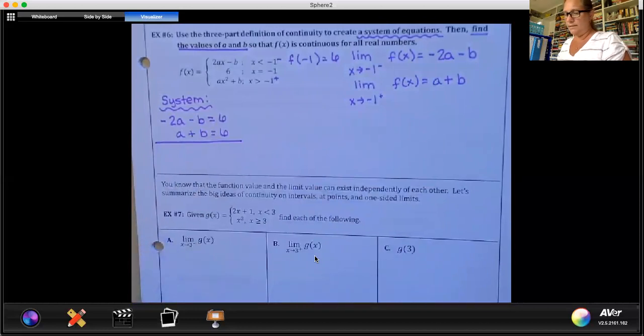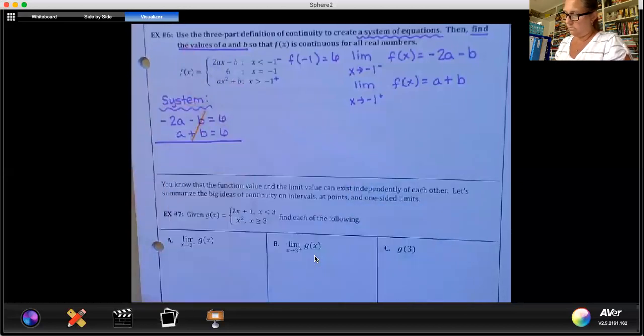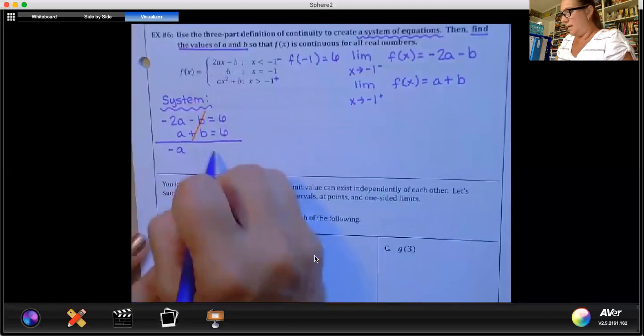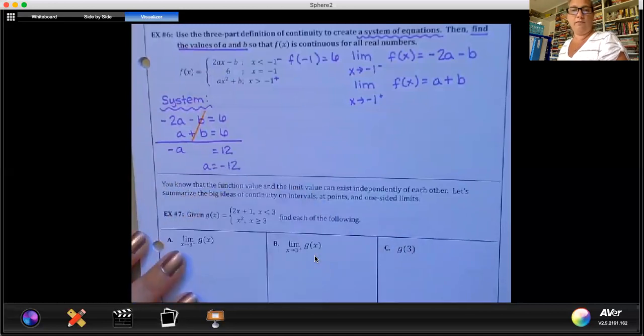Notice your b's are going to cancel here. So negative a is equal to 12, a is equal to negative 12.